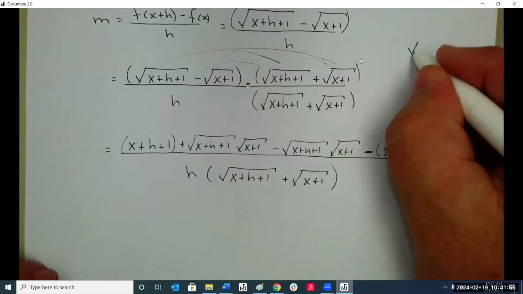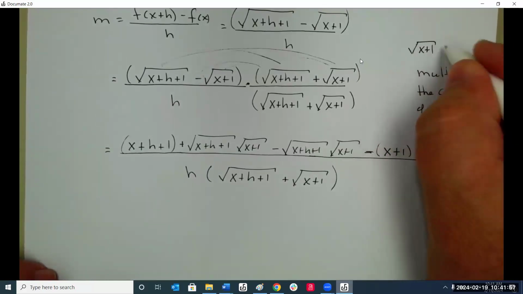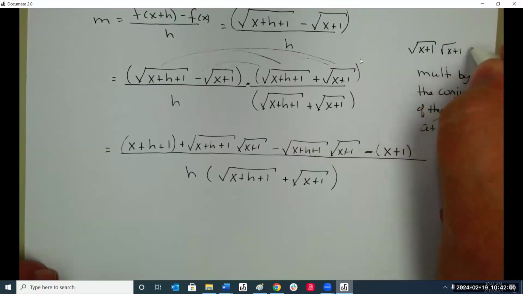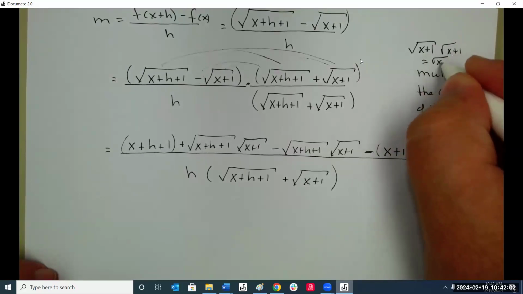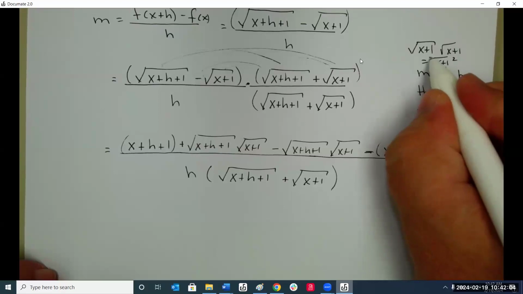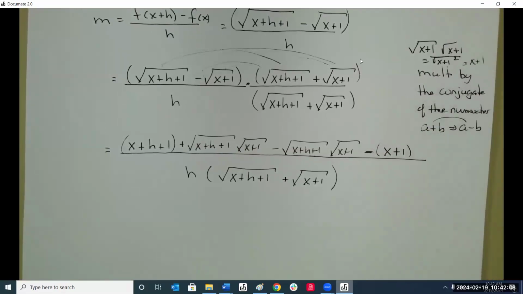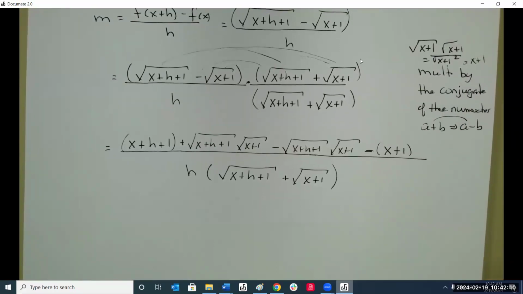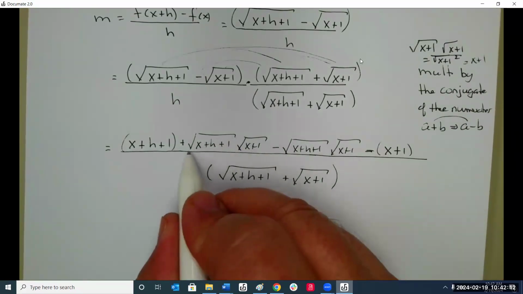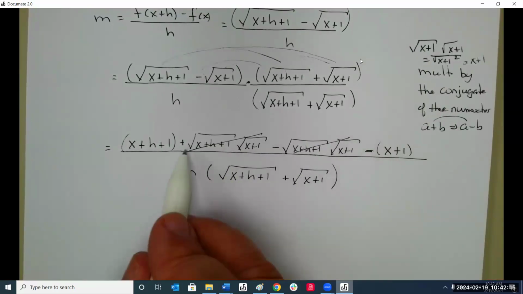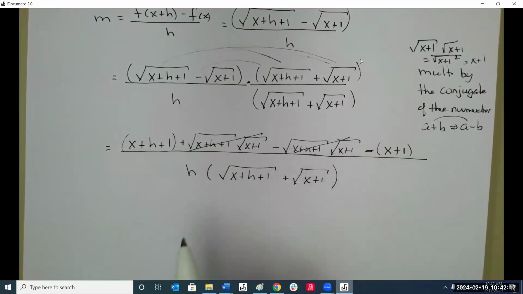Right? If we had x plus 1 times radical x plus 1, that equals radical x plus 1 squared. The square root and the square cancel, giving us x plus 1. So this and this cancel out. They're the same numbers, opposite signs.